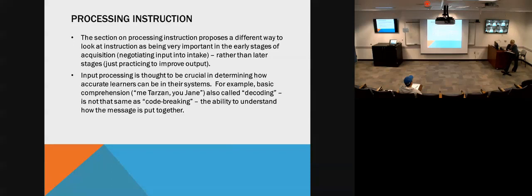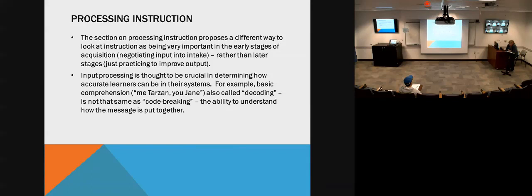Krashen would say that's learned input, and learned input has to be monitored, etc., etc. Now, that's fine. What processing theory says is that, yes, learned input is fine, but there isn't a wall stopping you from turning that into automatic processing, right? Which is what I would believe, okay?